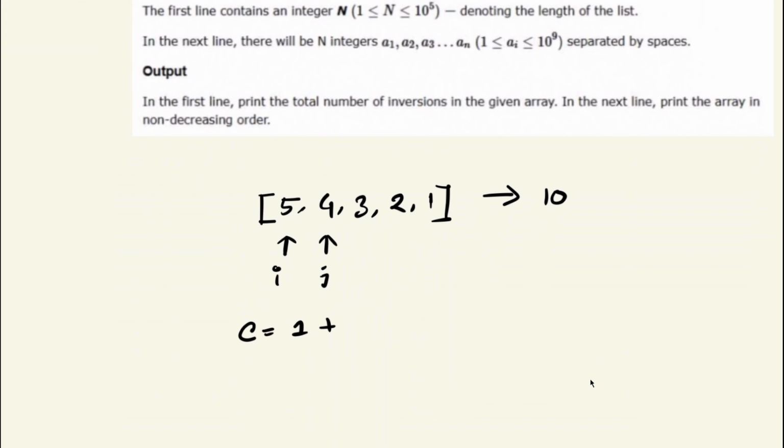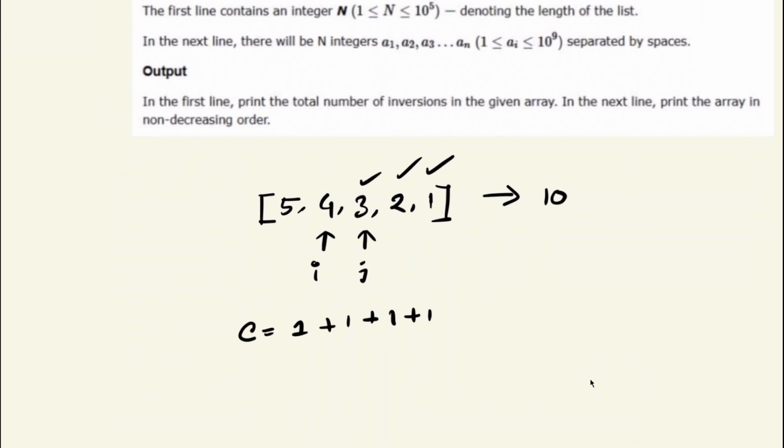If we move forward, then we'll see 3 is also smaller than 5, 2 is also smaller than 5, and 1 is also smaller than 5. So we'll have 1 plus 1, 1 plus 1. Okay, so now let's move forward. We will move these pointers here and do the similar calculation.